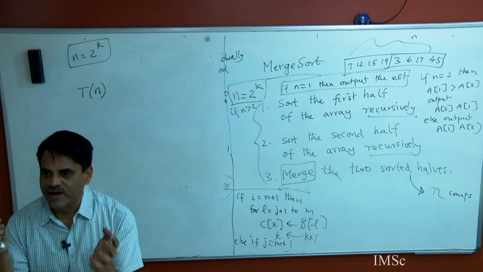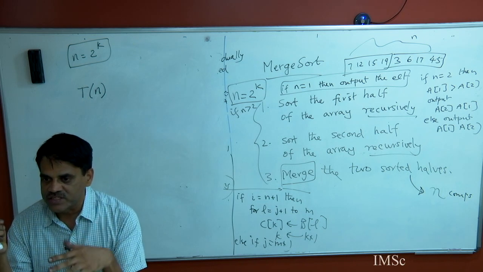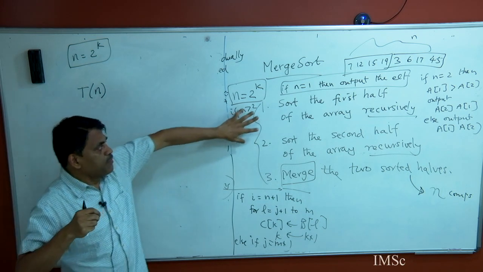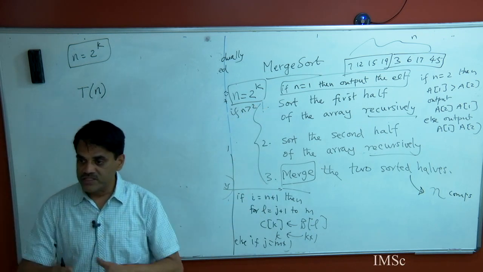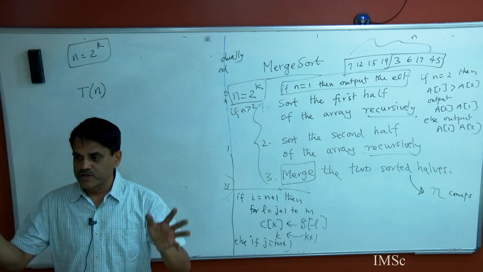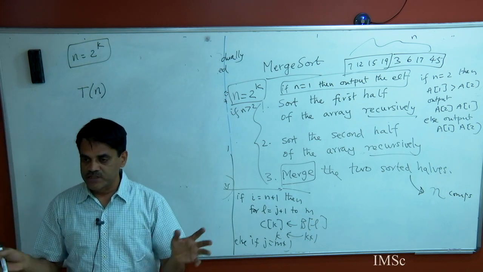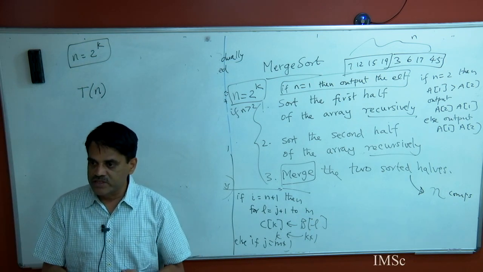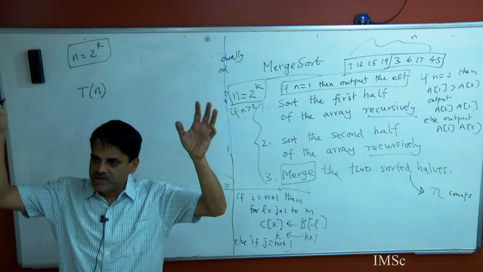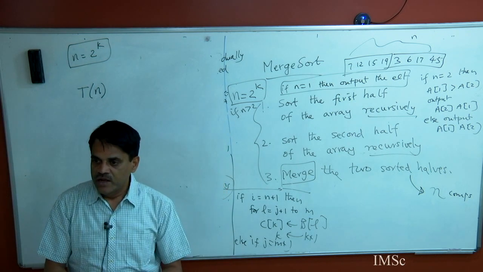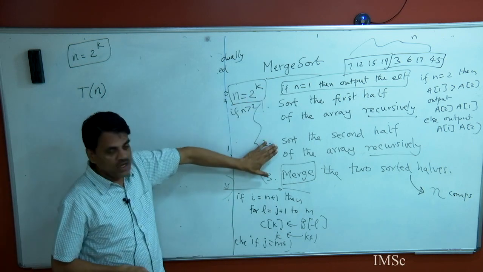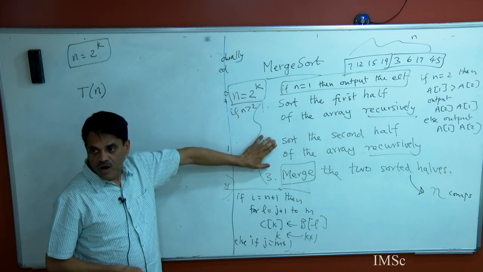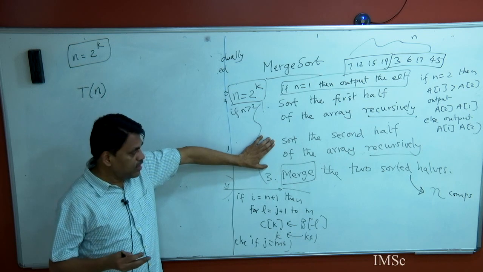Because now that I have defined this function, I can write this functional equation. The number of comparisons made here, I don't know what that is, but as a function, it's T(n/2), because I am applying my original sorting algorithm on a list of size n/2. Whatever that was taking on a list of size n, it will take an appropriate thing for T(n/2). So, this is T(n/2), this is another T(n/2).